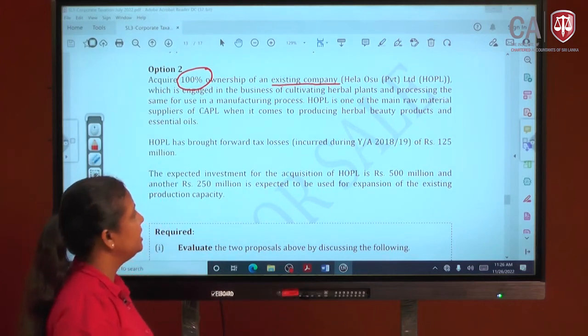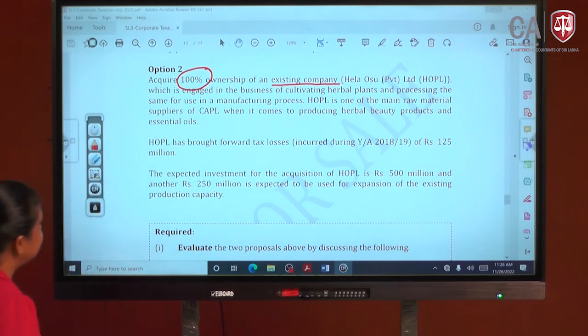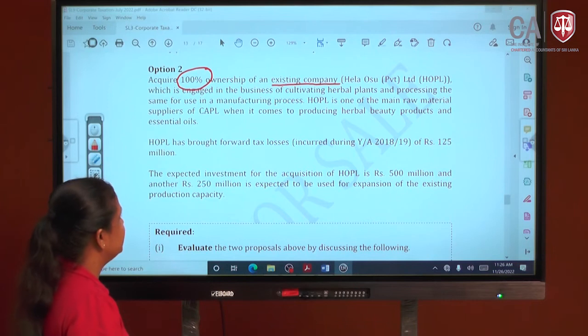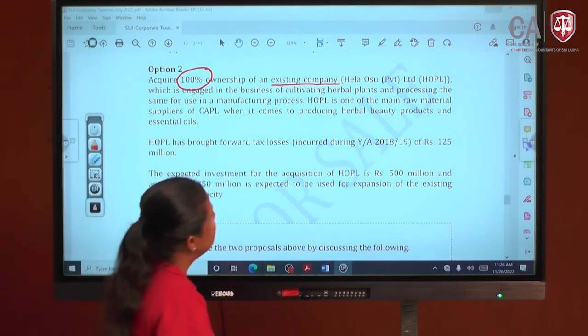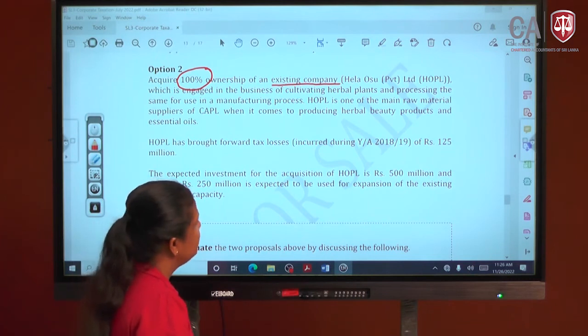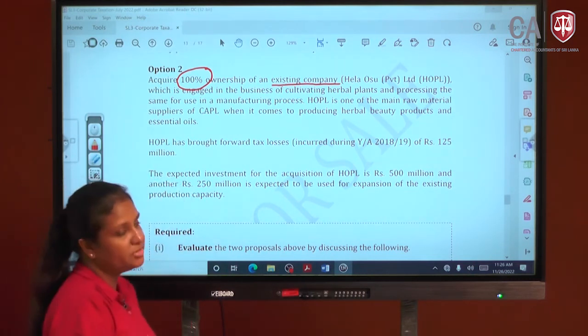What is that? Hellosu Private Limited, HOPL, which is engaged in the business of cultivating herbal plants and processing the same for use in the manufacturing process.